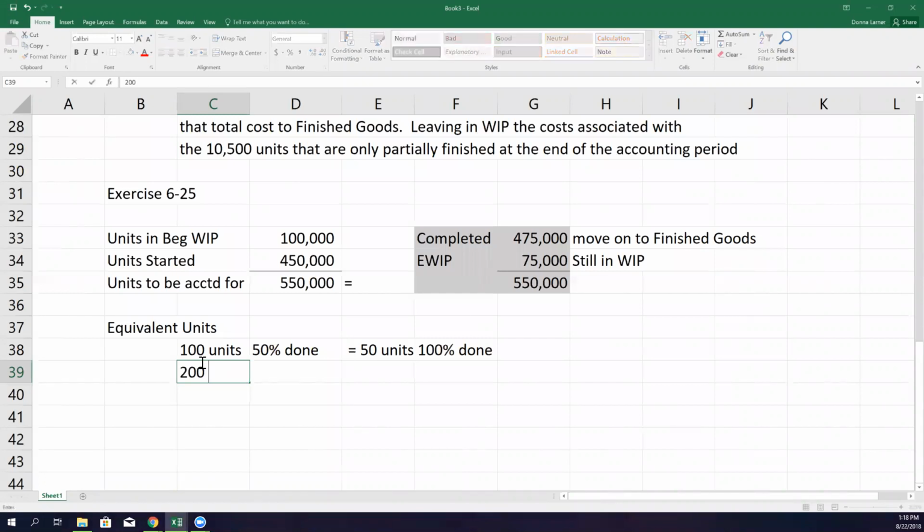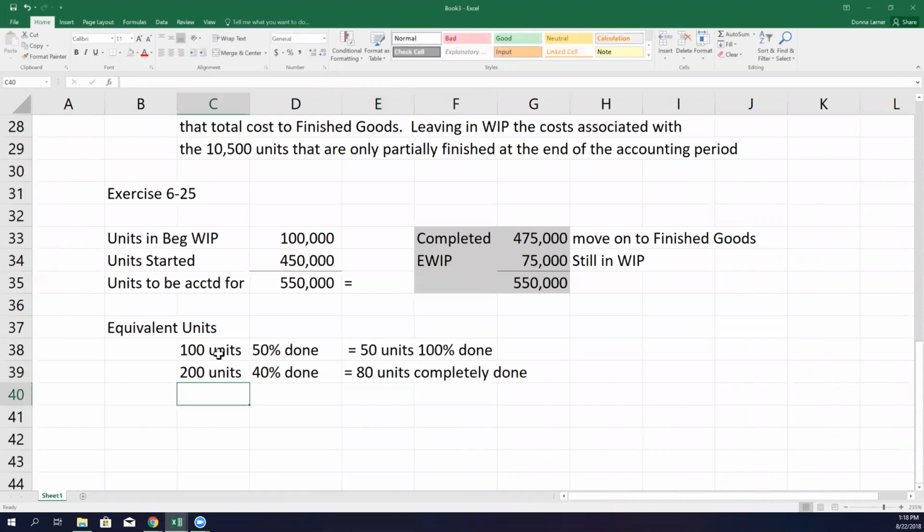Or 200 units that I did 40% of the work on would be the same as doing 80 units all the way. I'm multiplying the number of units by the percentage that I did for them.